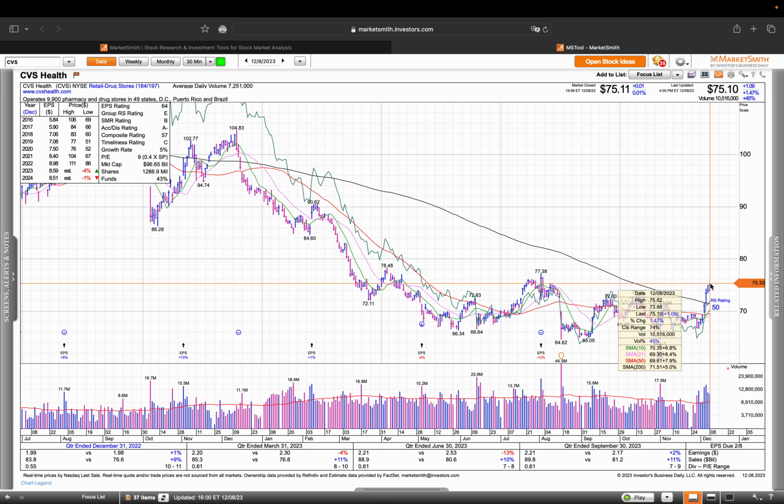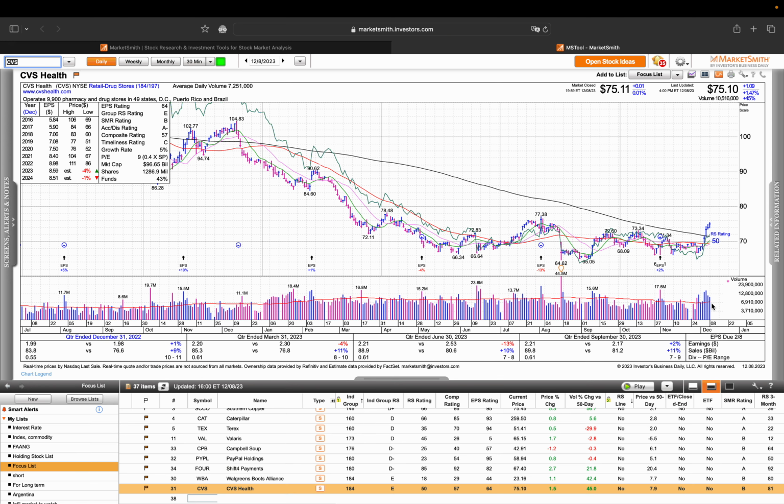At the moment, from the 50 DMA, 7.9% above. From the 21 DMA, 6.8%, so a little bit extended. But from the 200 DMA, it's only 5%, so I can enter now if I want to. Maybe next week, I'll try. I really like this stronger volume action.